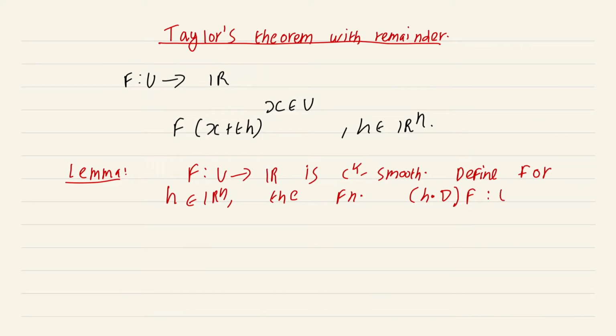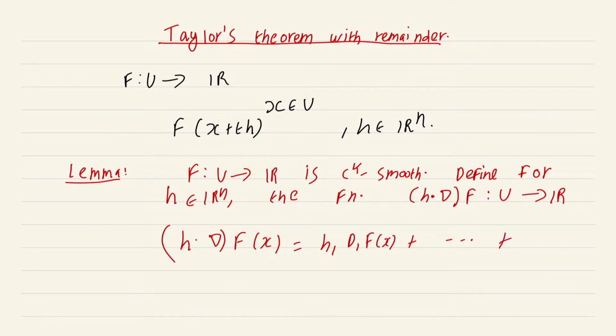This is a function from U to R and it's defined by h dot delta of f at the point x is nothing but h1 d1 f(x) plus dot dot dot hn dn f(x).